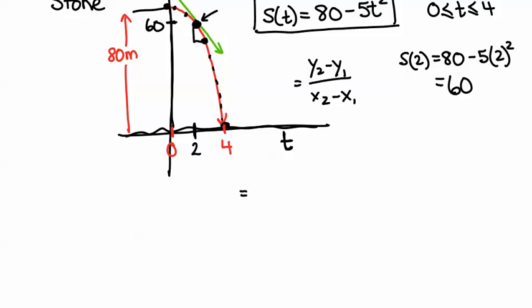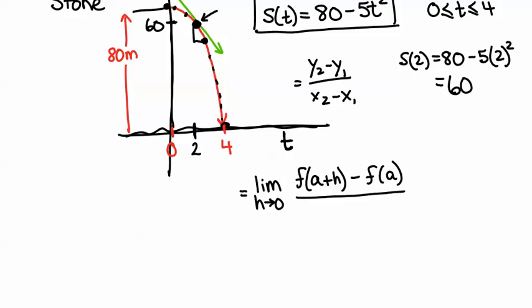But we do this thing where we take the limit as h approaches 0 of this equation: f of a plus h minus f of a, all over h. Okay, so this equation is sometimes called the difference quotient.